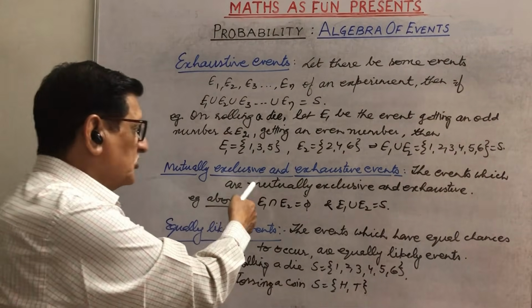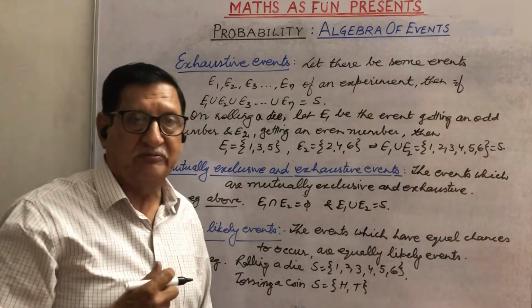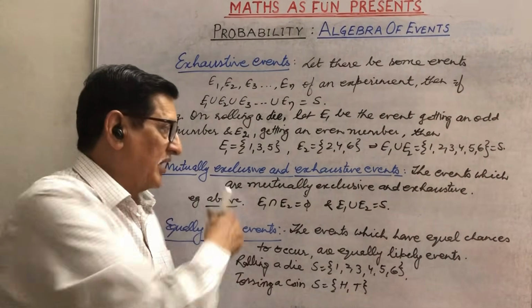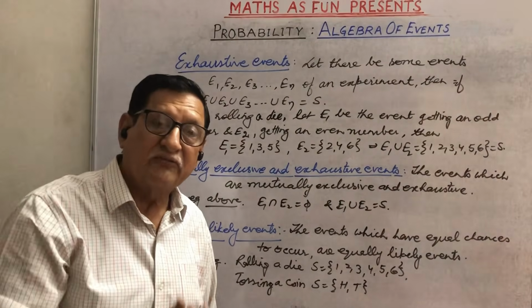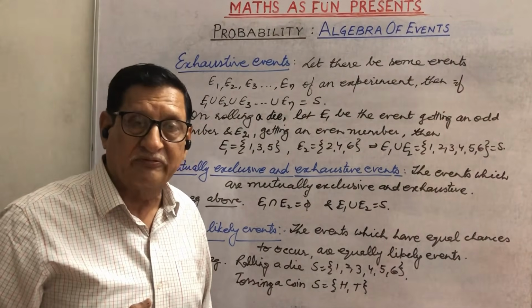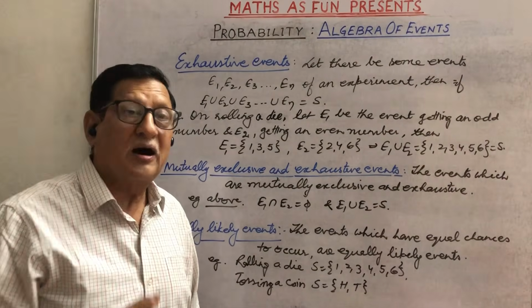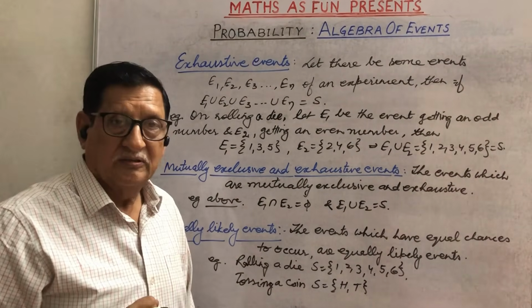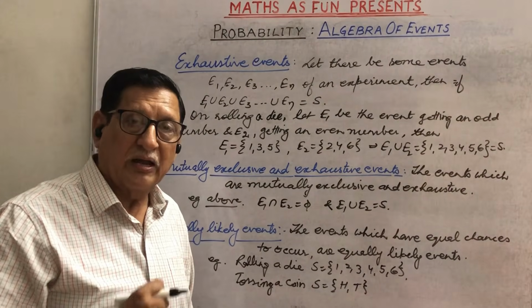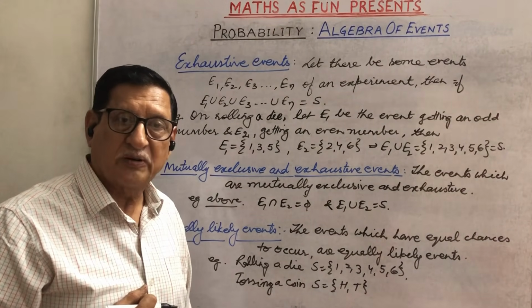What are mutually exclusive and exhaustive events? From the name itself we can understand that the events which are mutually exclusive as well as exhaustive are known as mutually exclusive and exhaustive events of the experiment.